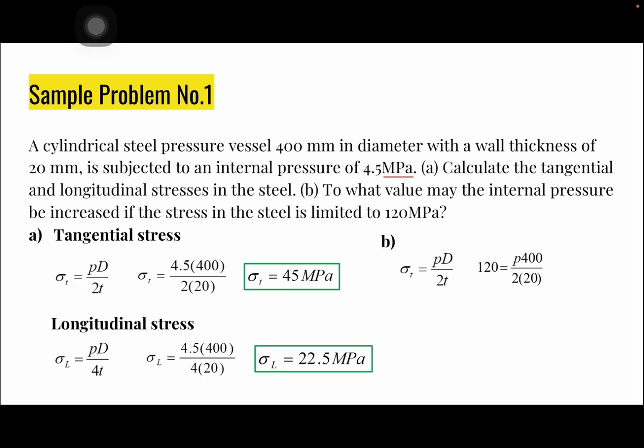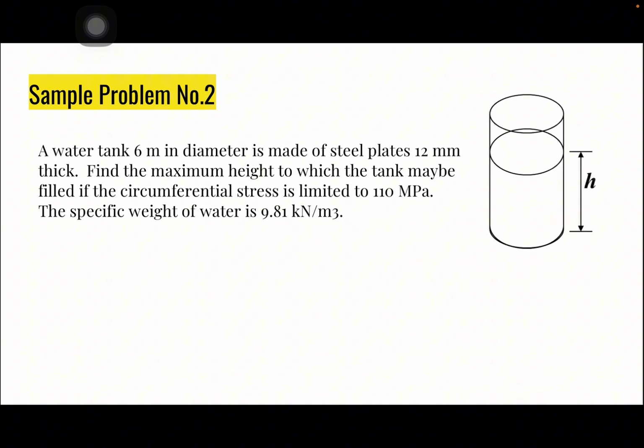So, this is the solution for part B. The unknown P times the diameter 400 over 2 times the thickness 20, we will get an internal pressure equal to 12 MPa. So that's our solution for part B.